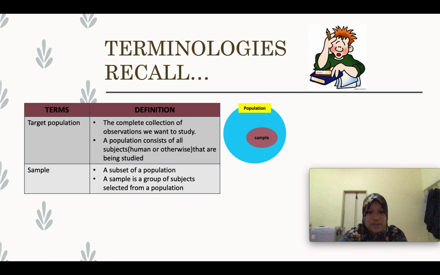A sample is a subset of a population, a group of subjects selected from a population. Say our population is UiTM police students, and my sample is the diploma students. So I'm just focusing on the UiTM police diploma students only.